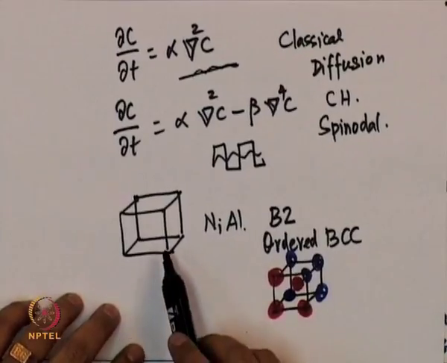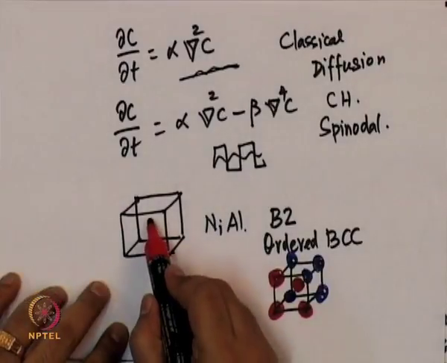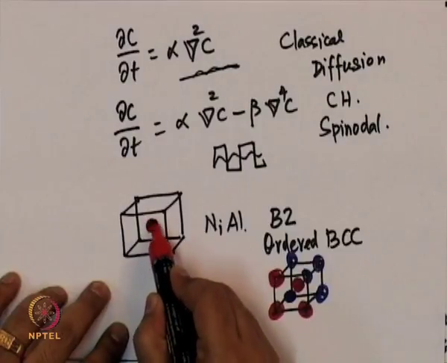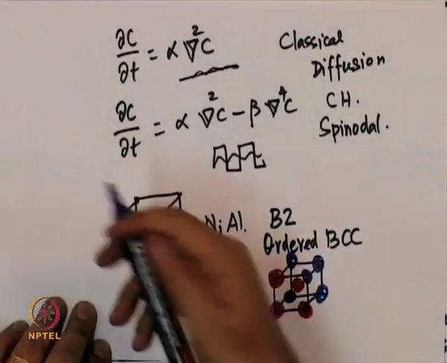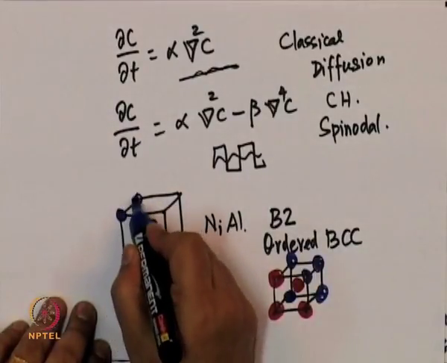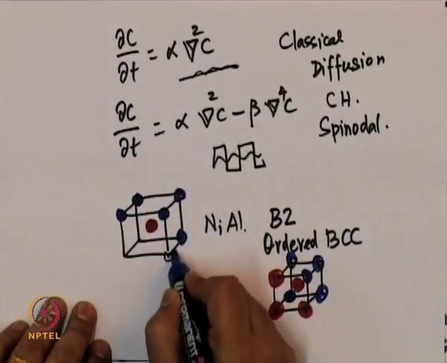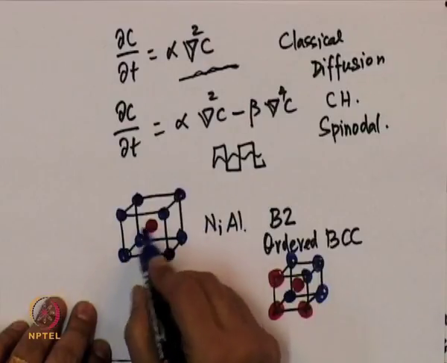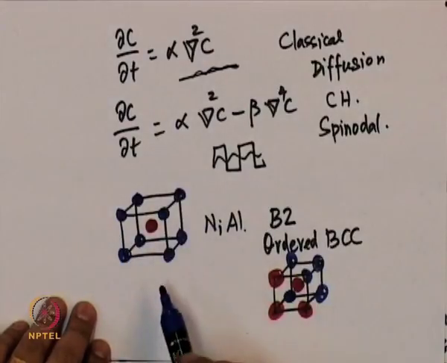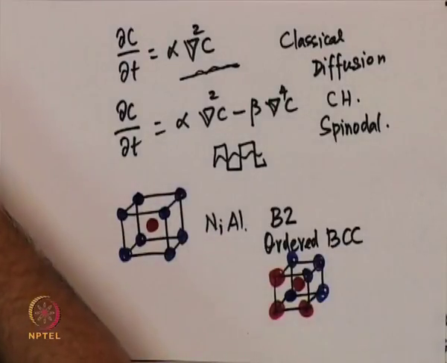But when we say ordered BCC, the atoms have a specific preference. For example, the red atoms occupy only the body centered position and the blue atoms occupy the cube corners. So this is one atom, that is one atom, so it is 50-50. It could also be the other way, vice versa.